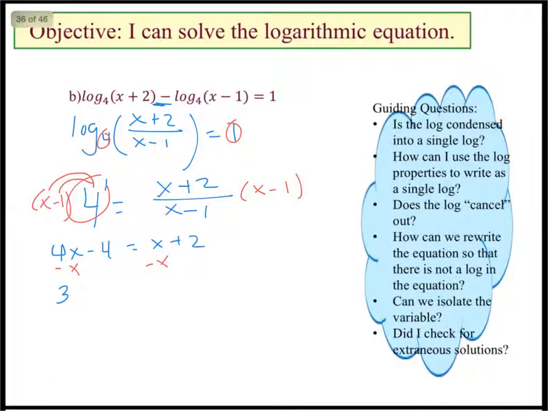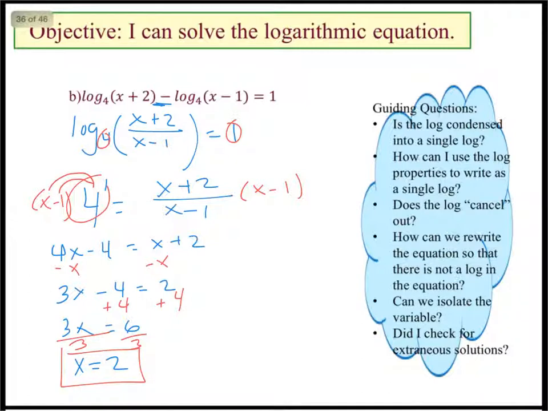So subtracting x from both sides gives me 3x minus 4 equals 2. Adding 4 to both sides to try and isolate the x, we get 3x equals 6. And then divide both sides by 3 is our final step. So we get x equals 2.